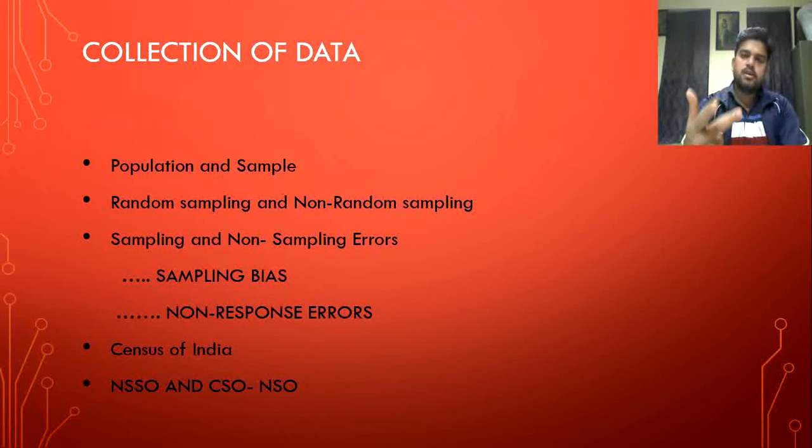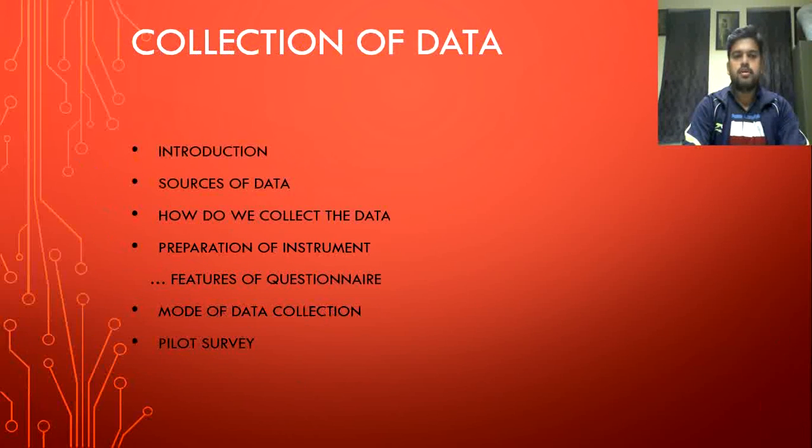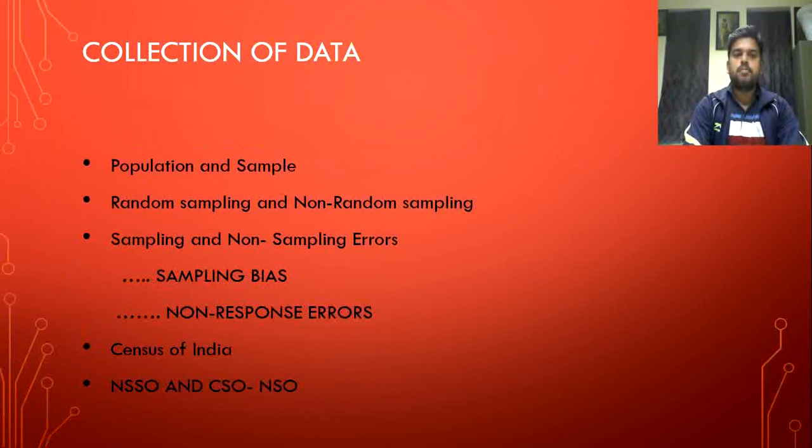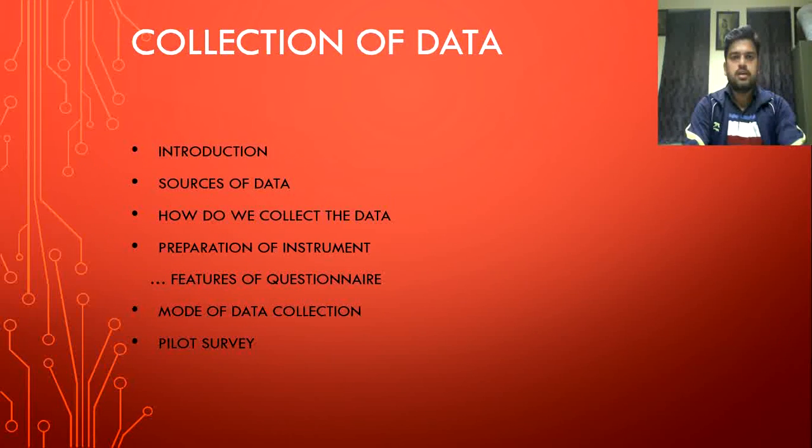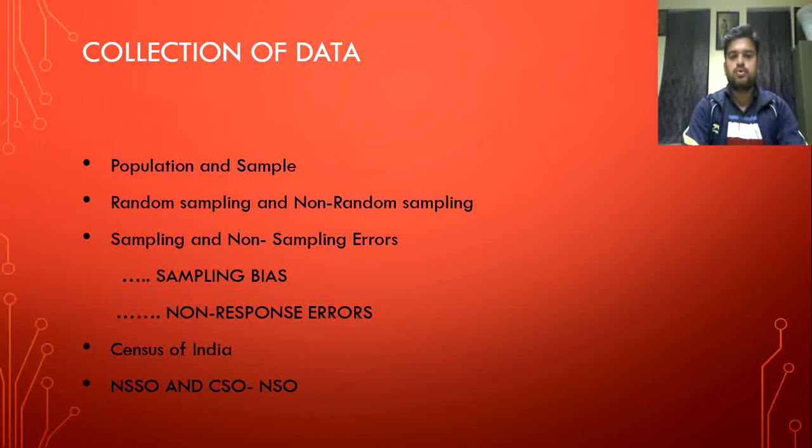So this chapter will be in two parts. Today, in this video, we cover only till pilot survey. Then from population and sample to NSO we will discuss in part B, in a different video.